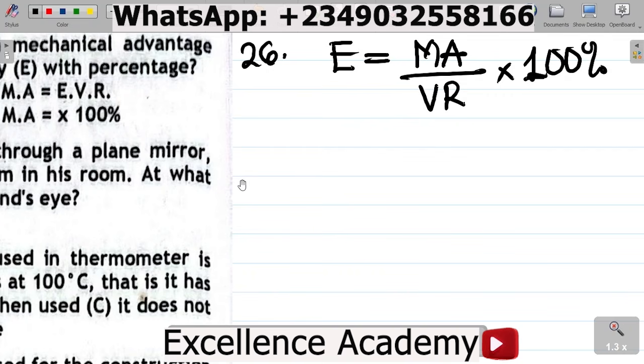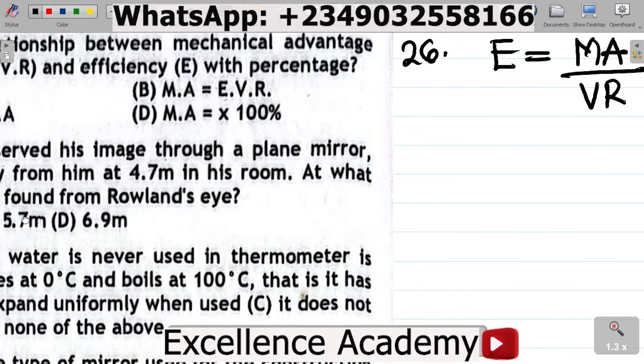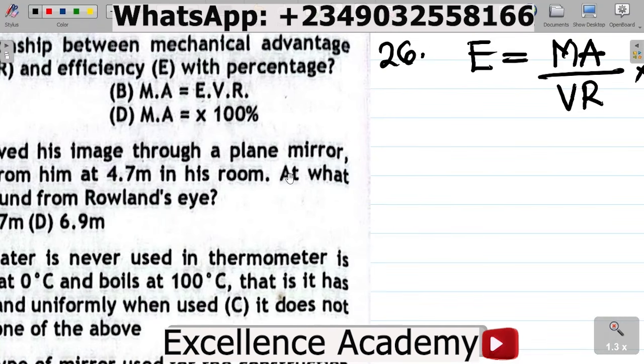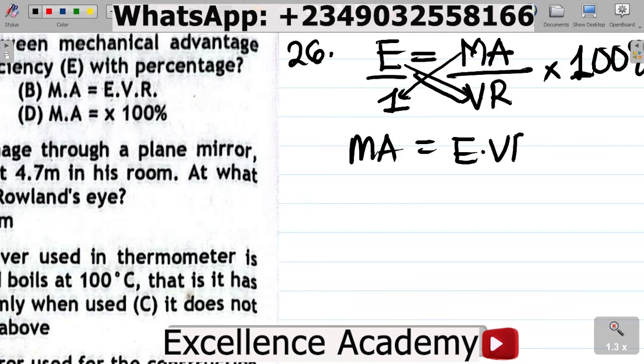It's equal to MA all over VR times 100%. So do we have any option like that here? Let's see this. No, not really. So there's no correct option, although B looks good, because from B, if I cross multiply, this is all over 1, of course. So MA times 1 becomes MA is equal to E times VR.